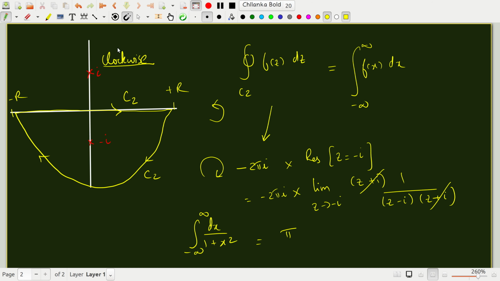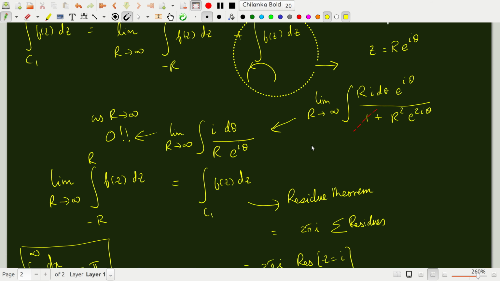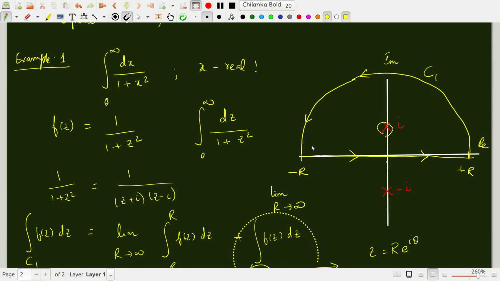Okay. So now, there is one thing that I forgot to mention when I started off. Here the integral is from 0 to infinity, right? But because it's an even function, what is an even function? f of x is f of minus x.